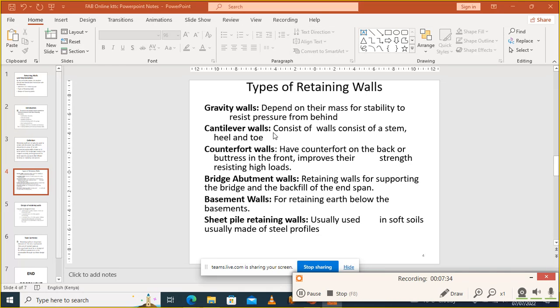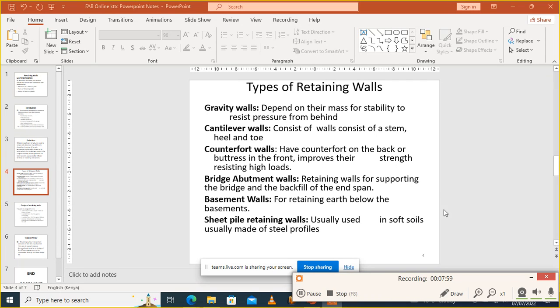Mostly these are made of reinforced concrete. Then the next one is the counterfort walls, which have structures that strengthen them. We call them counterforts or buttresses. If they are found on the front side, they are called buttresses, and if they are found on the back side, they are called counterforts.